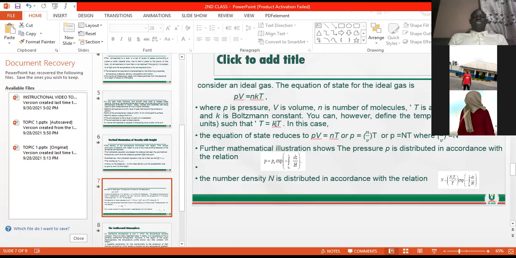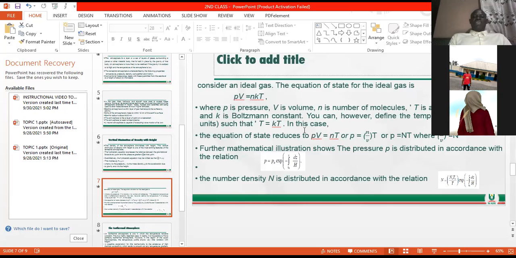Now, comparing this equation to what is up here, anytime, anywhere you see kT, you can just write T. That's what they're trying to say.